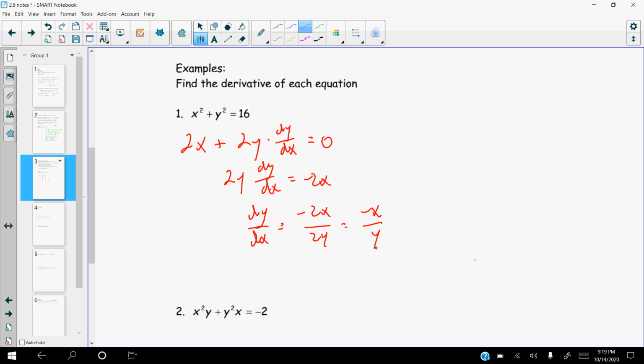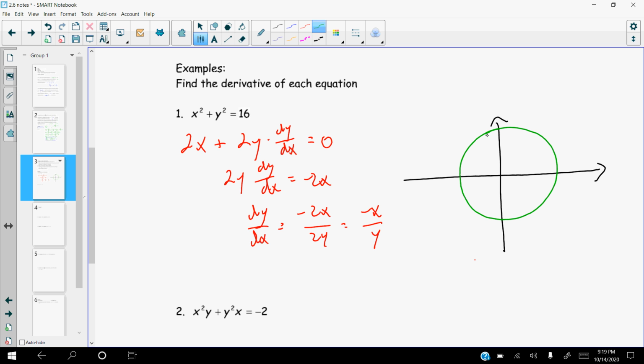And again, what that means is that the slope is dependent upon both x and y. So if you happen to know what this expression is, okay, this is the equation of a circle with a radius 4 centered at the origin. Something like that. Negative 4 here, and so on.